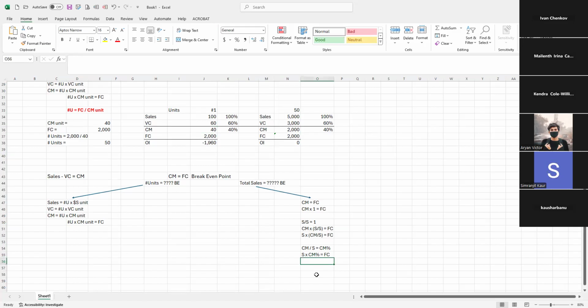So can I express my sales? Sales should be equal to fixed cost divided by contribution margin ratio.